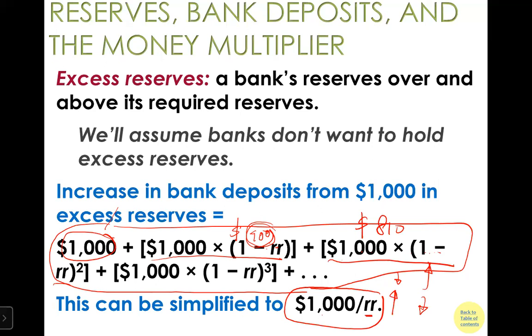Let's say, for example, if RR equals 1, then this goes to 1,000, meaning the bank cannot generate any additional money supply. On the other hand, if the reserve ratio goes to 0, then this goes to infinity, meaning the bank has the ability to generate as much money supply as it wishes. But certainly, from this discussion, you can see the smaller the reserve ratio, the higher the risk.